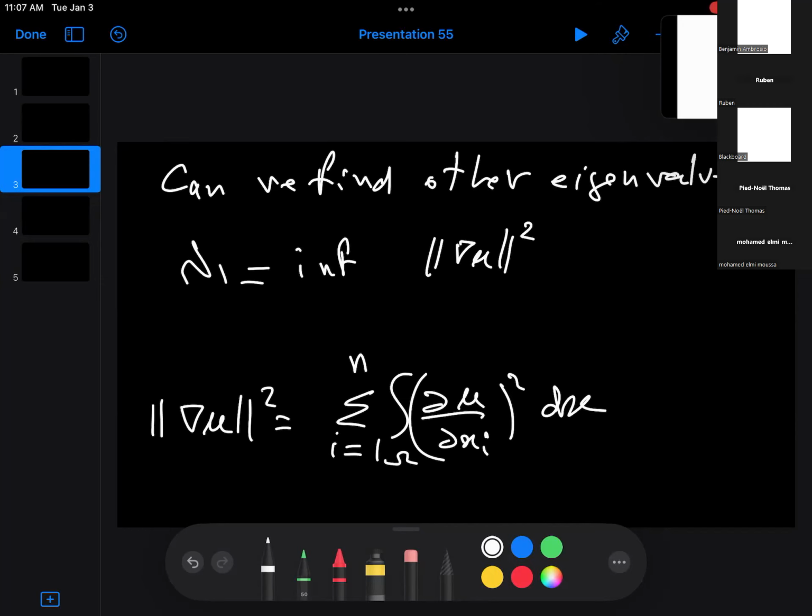And so I'm looking at this infimum not for every function. So first I need to define where I work.